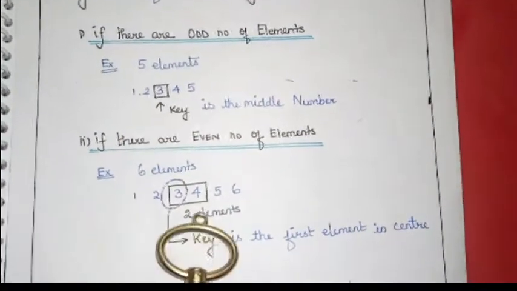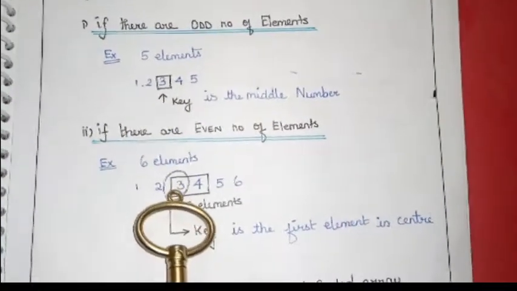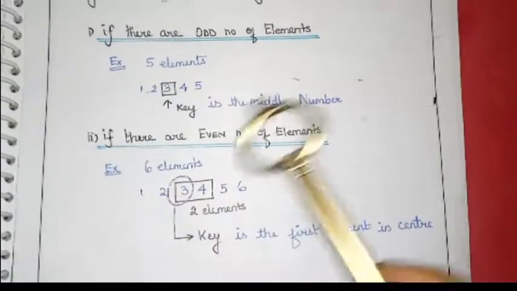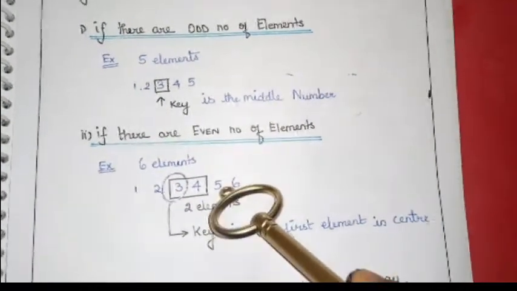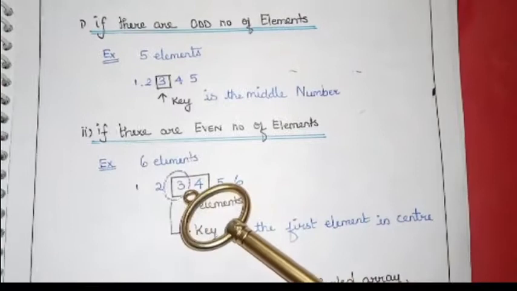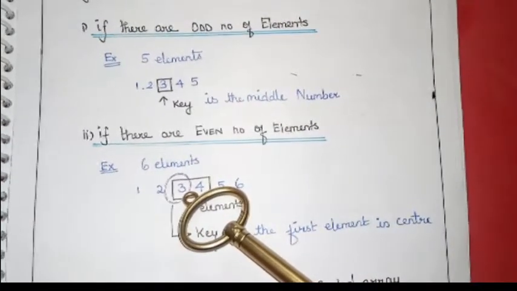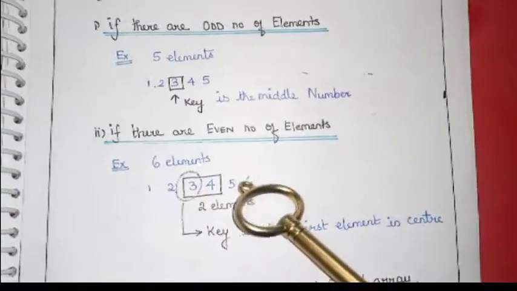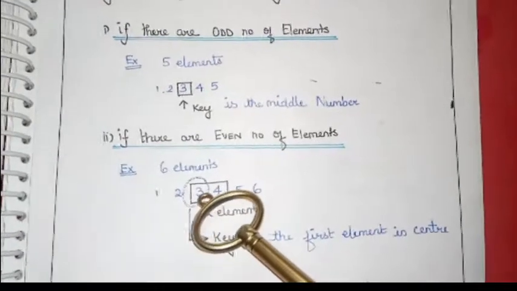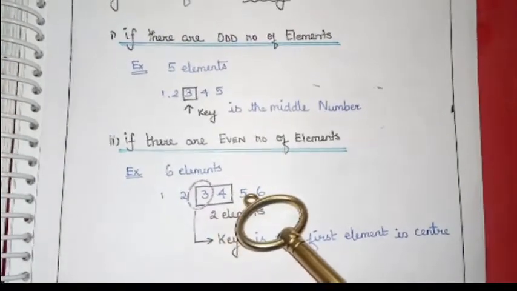If this key is found and my search element is, suppose, 5, the first time I'll be comparing my key and the search element. My key is 3 and my search element is 5.